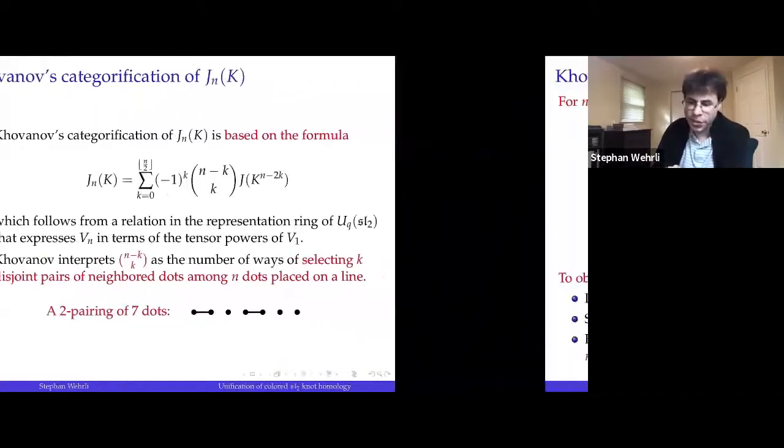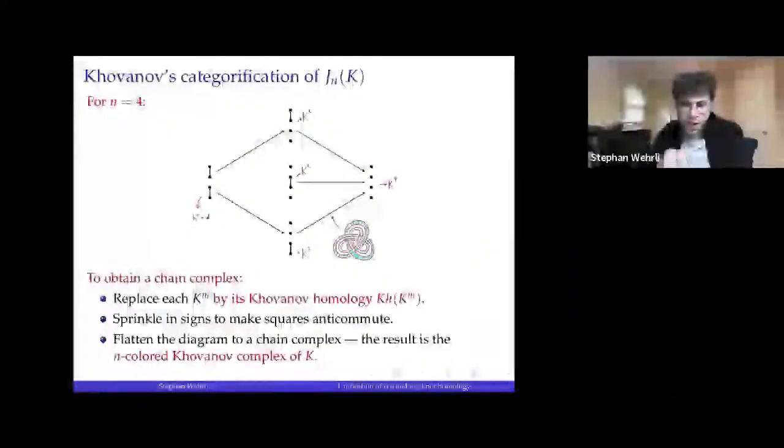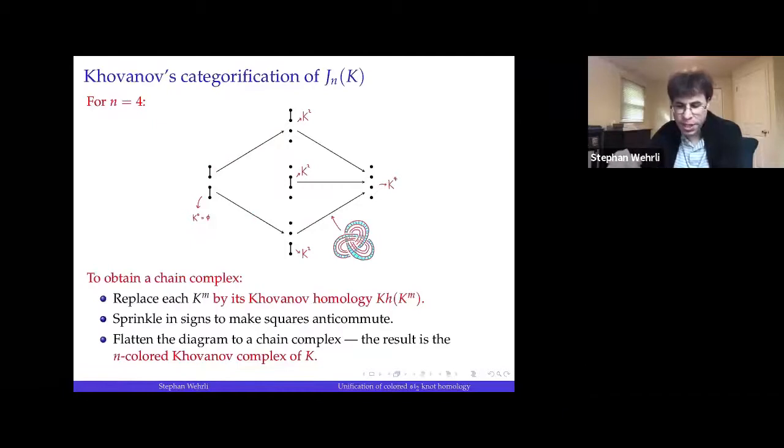And then Khovanov constructs a graph. Here's the picture for n equals 4. The vertices are just all pairings of n dots. And then two vertices are connected by an arrow if you can go from one vertex to the other by unpairing 2 dots. Like you can go from here to here by unpairing these 2 dots, or from here to here by unpairing the upper dots. And next, Khovanov replaces each of these vertices by a cabling of the knot.